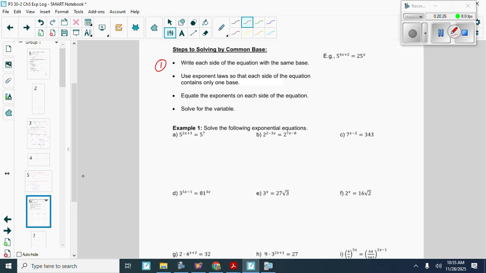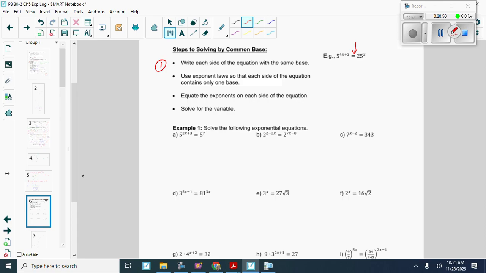As soon as you see that there's an equal sign, that means we're solving for x. So the first thing you want to do is your equations have to have the same base. They have to. So your first thing is to figure out what the base is and to change the one that is maybe not in that same base. Right now we have a base 5 and we have a base 25.